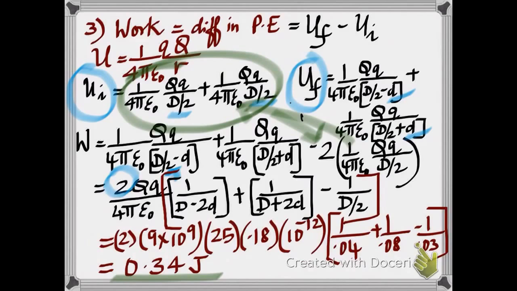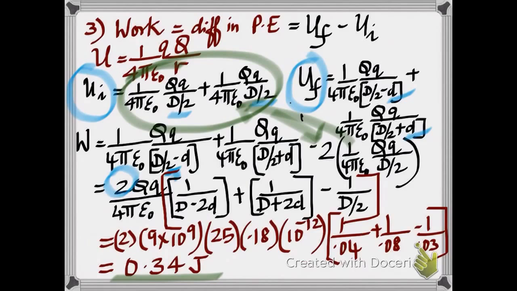And then the work is the difference in potential energies. Therefore, you take the final potential energy, which is UF, this whole term, minus UI, which will be twice this term. You see that? It's two terms added together, that's why it's 2 times that term.